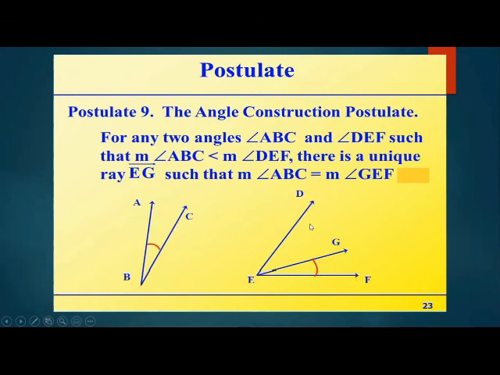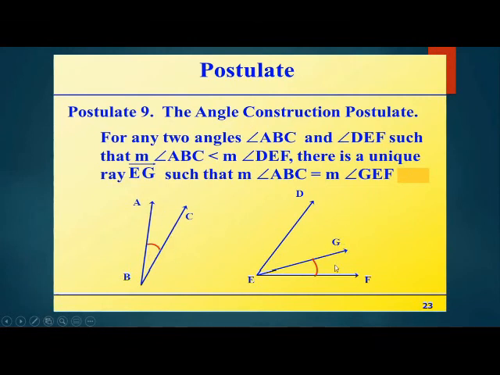So there is always a possibility that wherever there is a greater angle and a smaller one, we can always put a ray in between them to make one of the angles equal to the measurement of the first one.